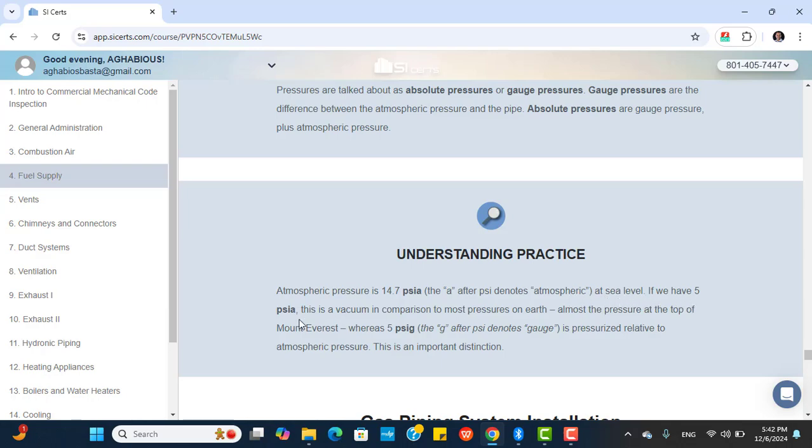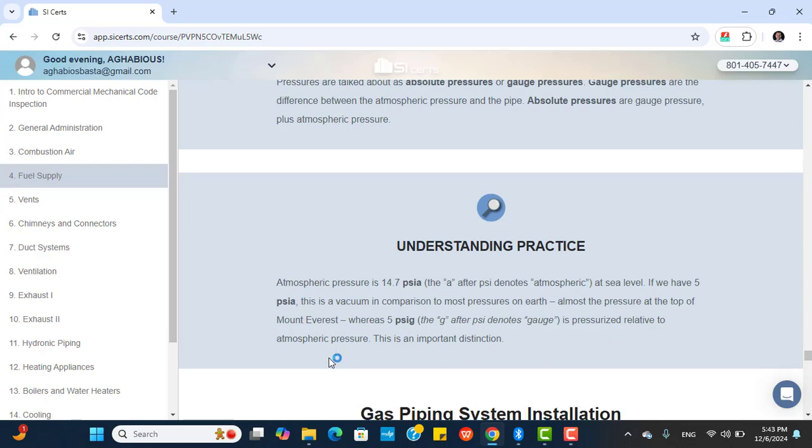If we have 5 psia, this is a vacuum in comparison to most pressures on the earth, almost the pressure at the top of Mount Everest, whereas 5 psig, the G after psi denoting gauge, is pressurized relative to atmospheric pressure.